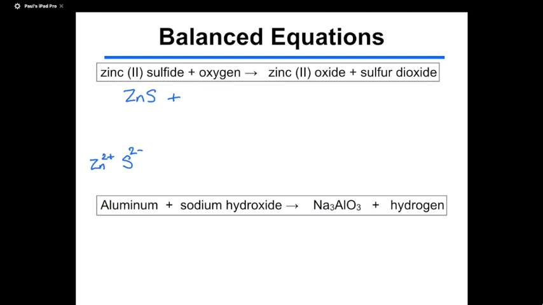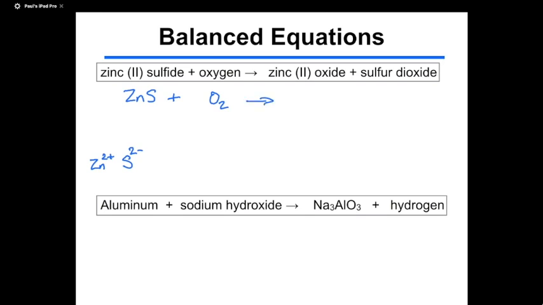Diatomics. There are 7 elements that are found in nature that are together: hydrogen, number 1, nitrogen, oxygen, fluorine, chlorine, bromine, and iodine. If you look at nitrogen through iodine, the shape makes a 7. There are 7 diatomics, and hydrogen is the oddball out. So every time you see oxygen, that is different than seeing oxide. Oxygen is O2. That's the elemental form, and that's how it's found in nature.